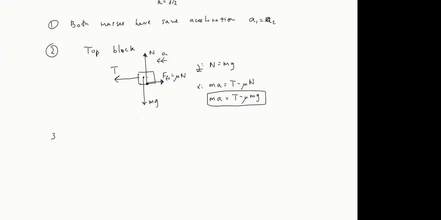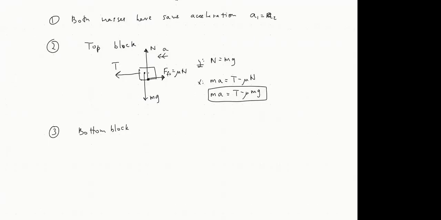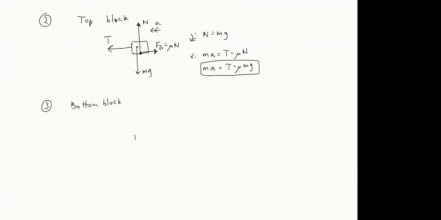And then 3, bottom block. So there is mg, there is a normal reaction force. It's a different normal reaction force. And now there's a tension in the rope here. We're pulling it with a force F. And there's the friction force.